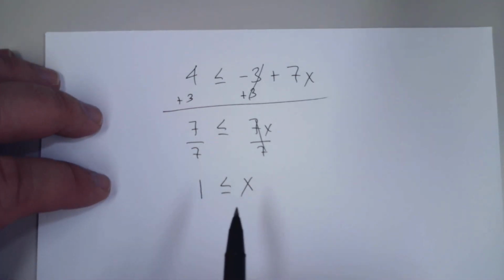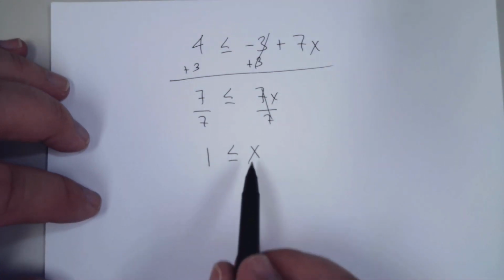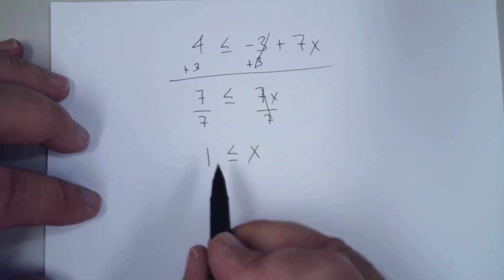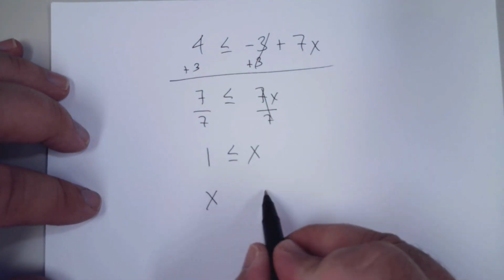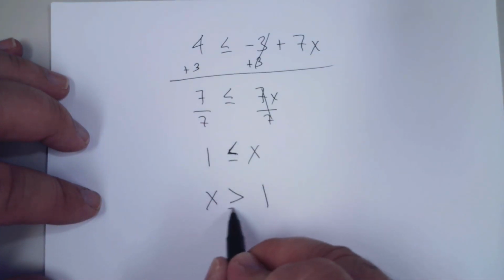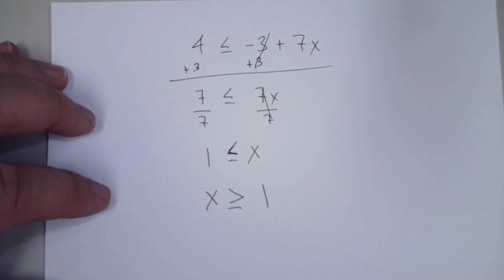Okay, now it makes it easier to graph when x is, it doesn't have to, but it makes it easier. When x is on the right hand side, you can flip the entire equation. Flip everything. The arrow is pointing to the 1, so it has to remain pointing to the 1.